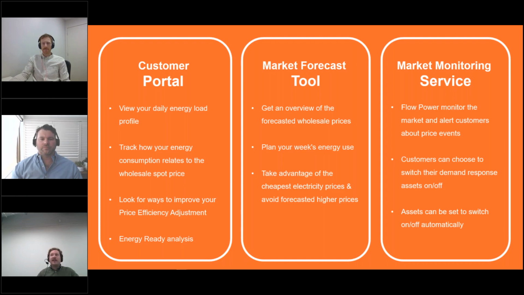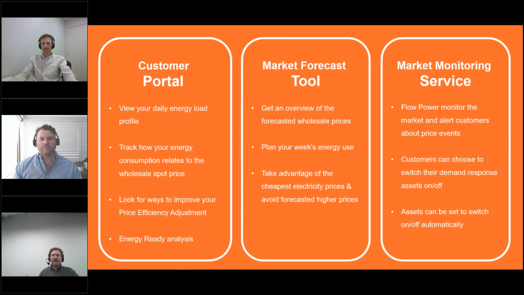If you want to go a bit further than that, we have a market monitoring service that gives you access to a few more things. So the first one there is the market forecast tool. That gives you a week ahead view of what the wholesale price is doing, so that you can plan your week around it, and that's updated every day. So basically you could look and say, great, Monday to Friday, the daytime price is really low. I'm going to try and push as much process into that as possible.